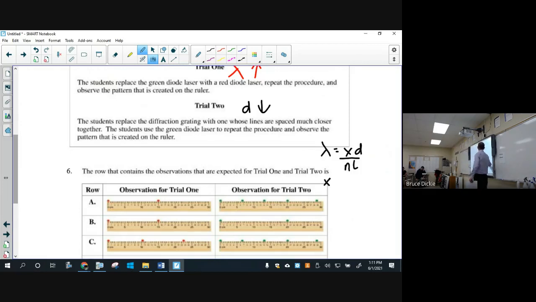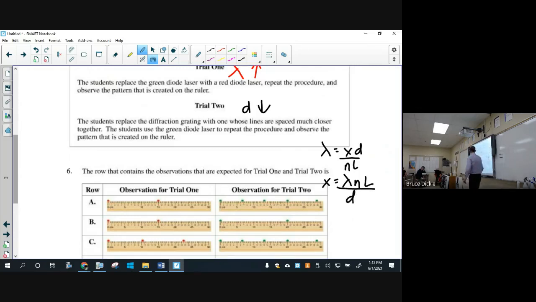So let's rearrange to solve for x. We want to find the effect on x. This is the one that you guys were debating, isn't it? I haven't released your marks yet, have I? No. So you don't know whether you got this right. Oh, the mystery. We want to find the effect on x. Solve for x. x is equal to lambda times n times L over d.